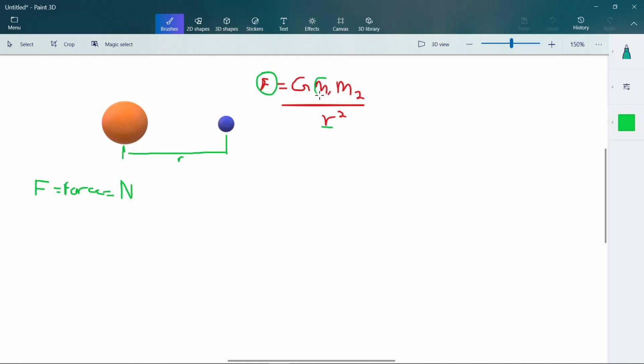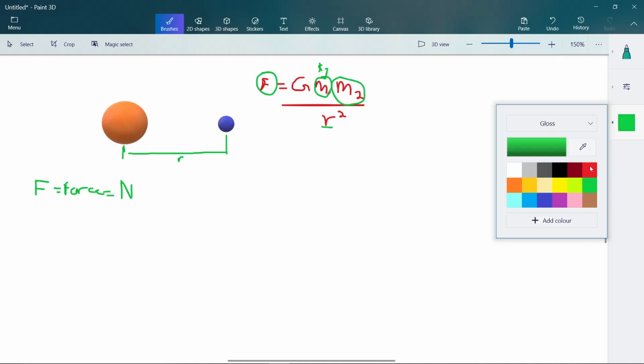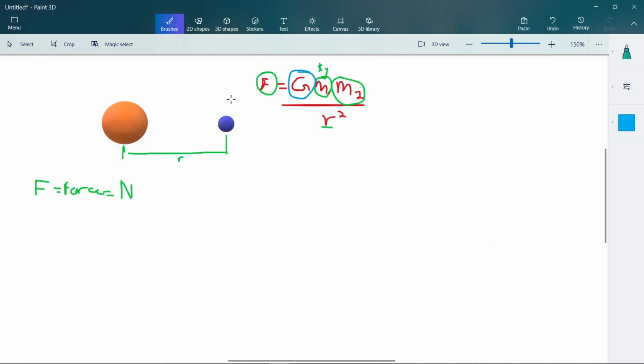And then M1 is the mass of the first body in kg. So this has to be in kg. And M2 is the mass of the second body. Like in this case, M1 will be the mass of the sun, M2 will be the mass of the earth. And lastly, what we have there is G. It's called the gravitational constant.